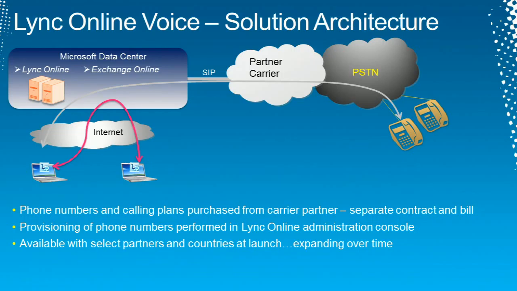So Jaja will be one of the carriers providing this service along with Microsoft when it launches, after Office 365 launches. We are working to expand the choice of carriers and also the international availability of where you can provision and buy this service. So again, it'll be more limited when we launch, and then over time it will expand.